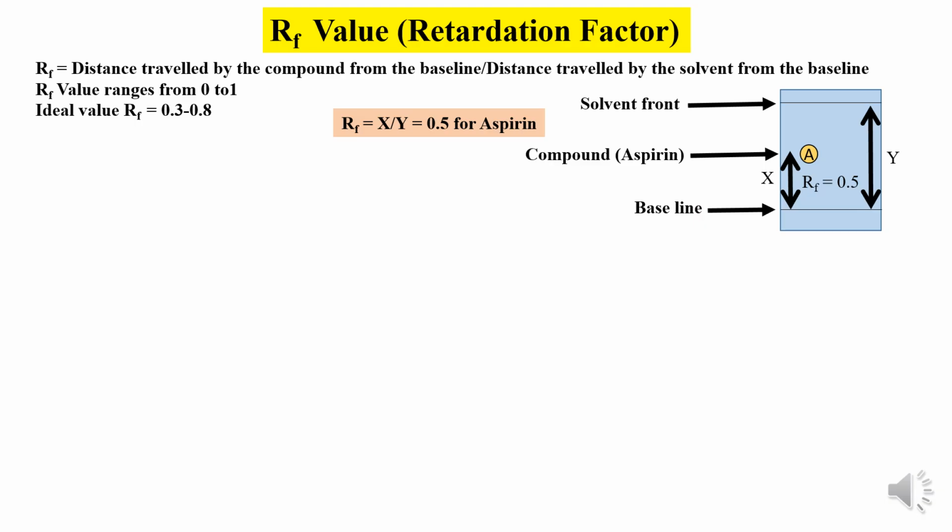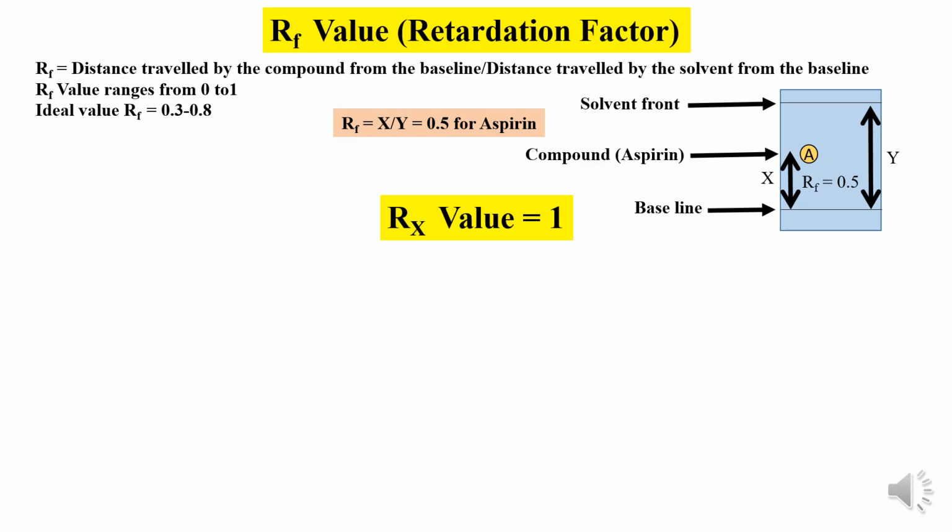So make sure that the solvent system that you have selected is such that the RF value is somewhere around 0.4 to 0.5. The mobile phase should be selected in that particular manner where the RF value ends somewhere between 0.3 to 0.5. Now moving on to the next parameter used for qualitative analysis, that is Rx value.